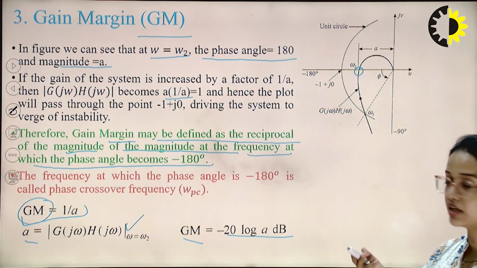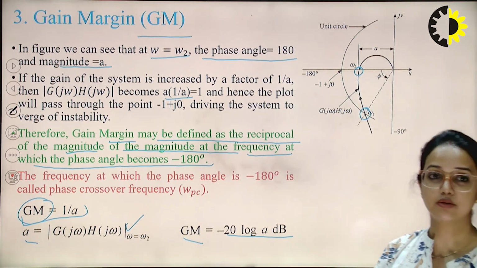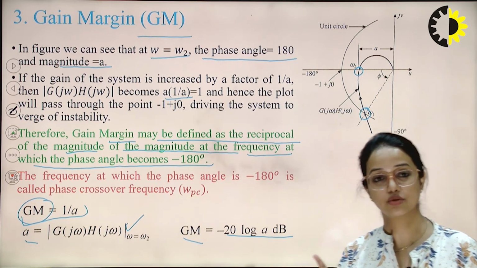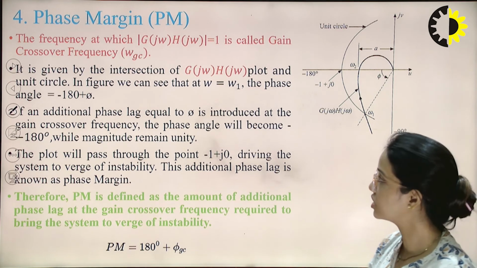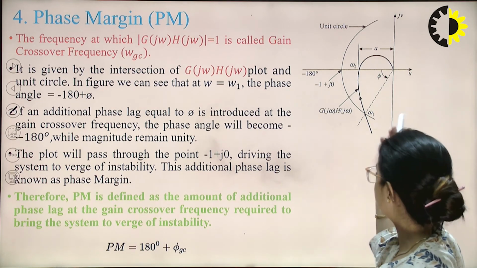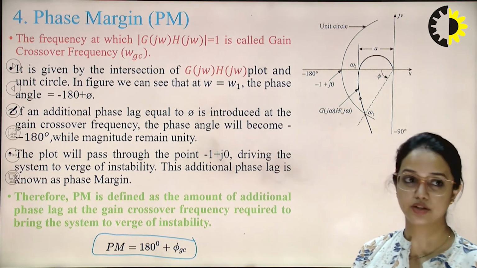Now comes the phase margin. The phase margin will come from the frequency omega equals omega 1. At omega equals omega 1, we will calculate the phase, put it in the formula, and from there we can get the phase margin.